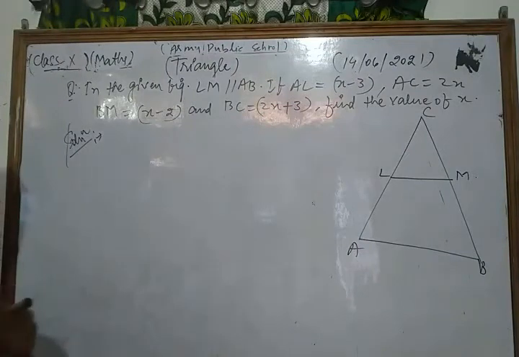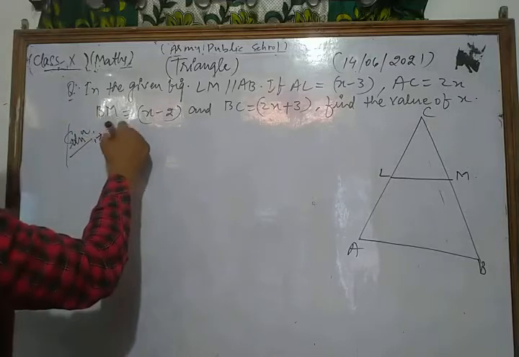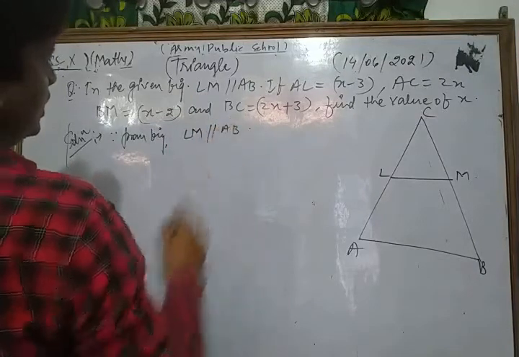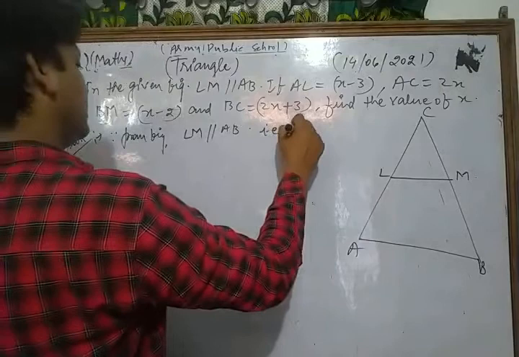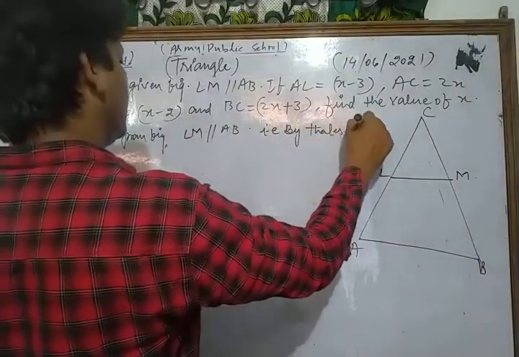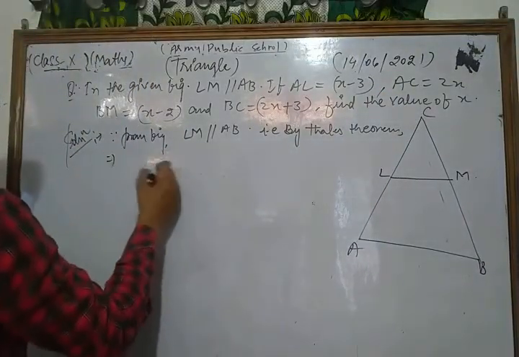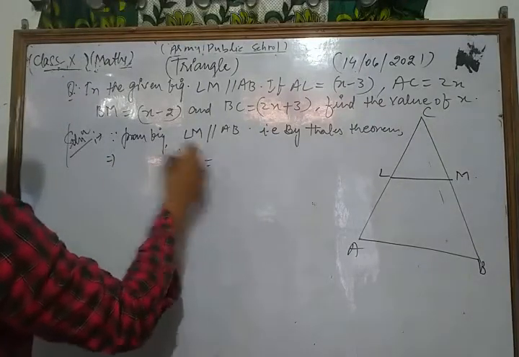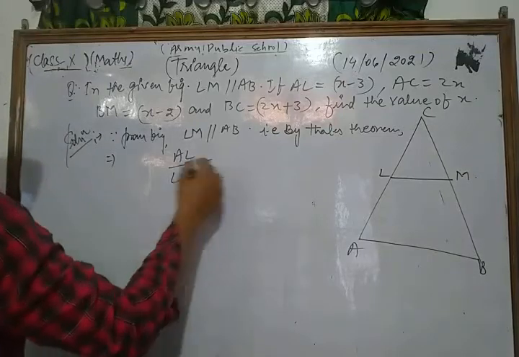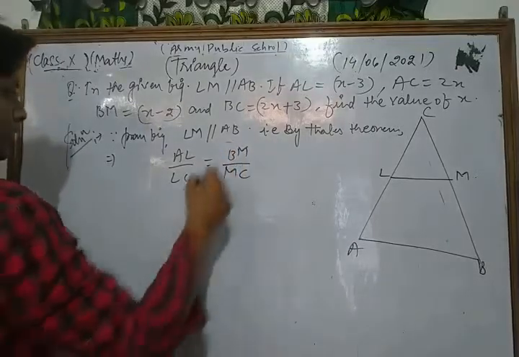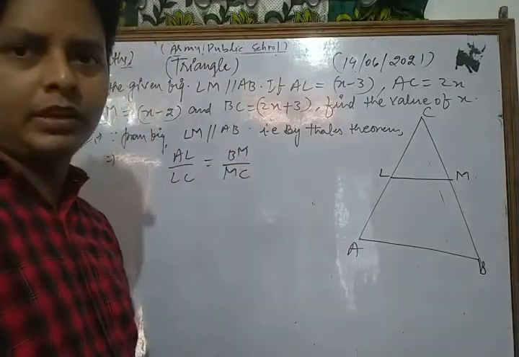Now look, since from the figure LM is parallel to AB, by Thales theorem what we have is AL upon LC is equal to BM upon MC. We can write it in this way also.